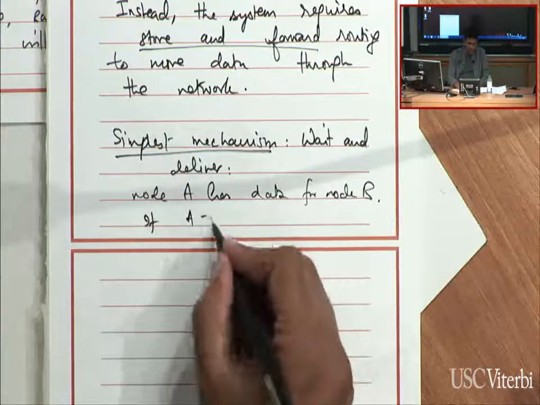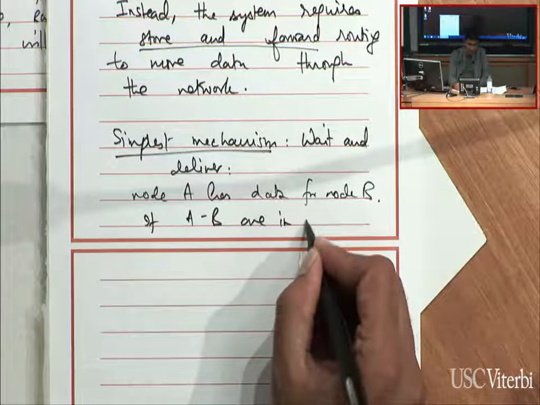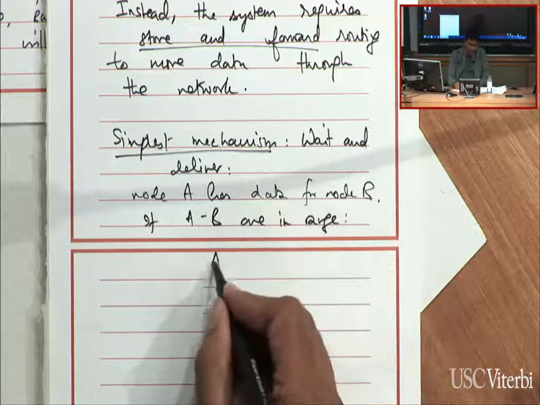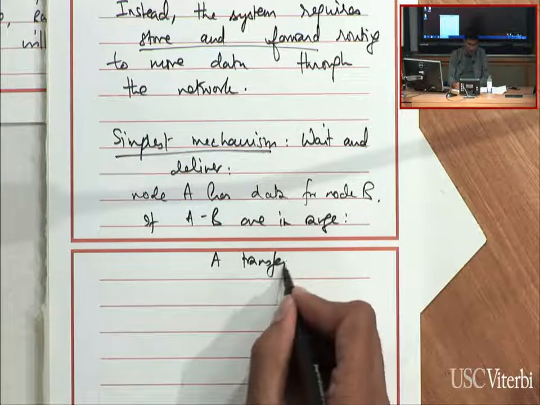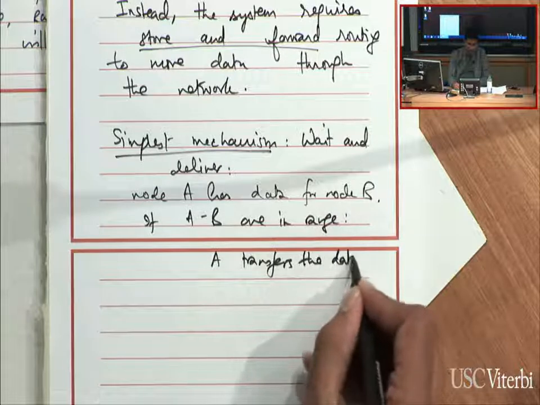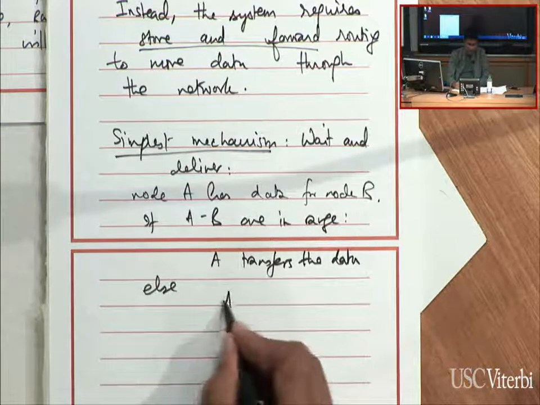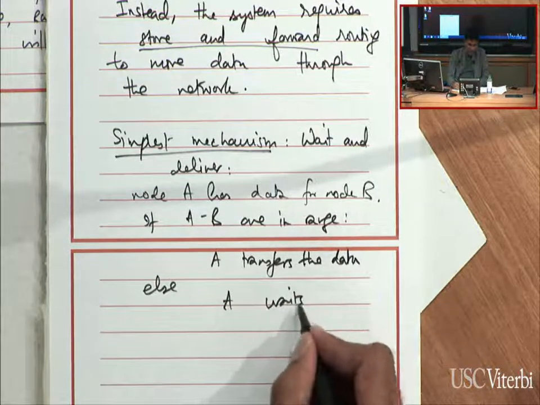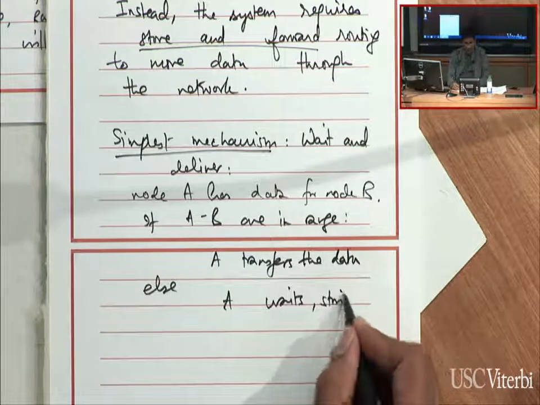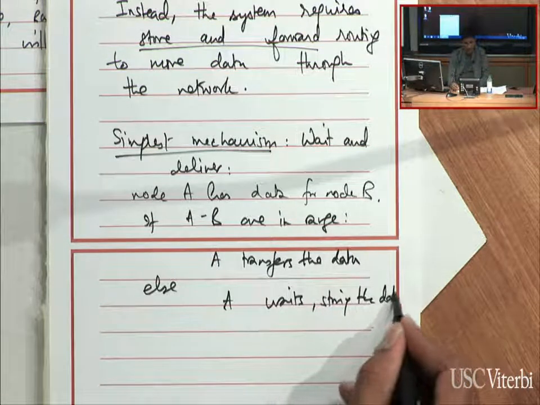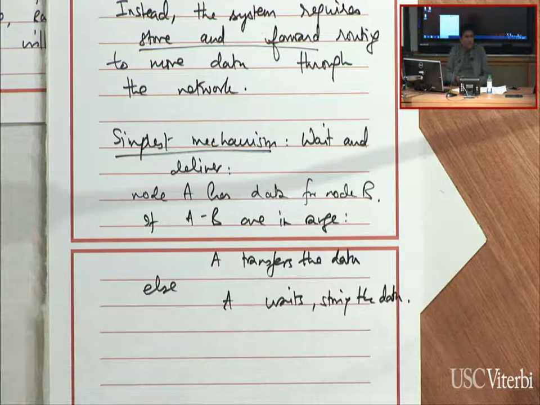If A, B are in range, A transfers the data. Else, A waits, storing the data. It doesn't get any simpler than this. You have data to send, you wait till you meet them.